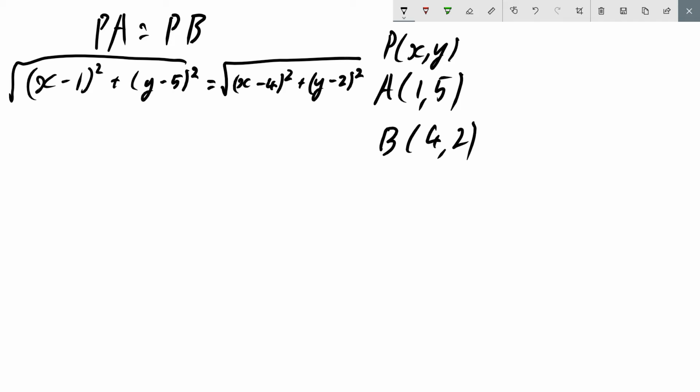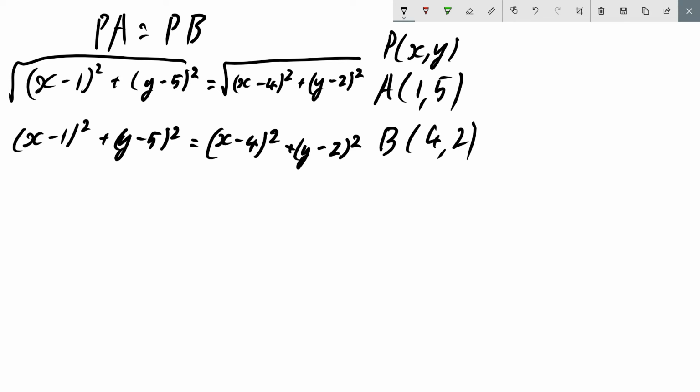Now this is going to be a little bit more messy, but it's important to understand how to treat this. So let's square both sides again, so we get x minus 1 squared plus y minus 5 squared equals x minus 4 squared plus y minus 2 squared.